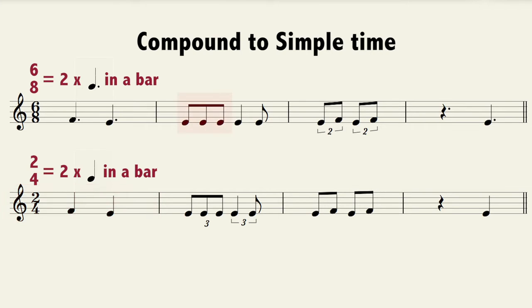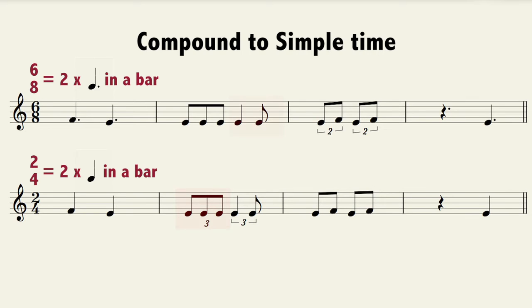In the second bar in 6/8 time, we've got 3 quavers beamed together. They make a dotted crochet beat. Now we need to make those 3 quavers into a crochet beat. And the way to do that is to use a triplet sign. So now we've got in our 2/4 time signature a triplet of 3 quavers.